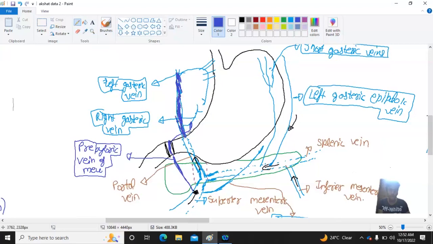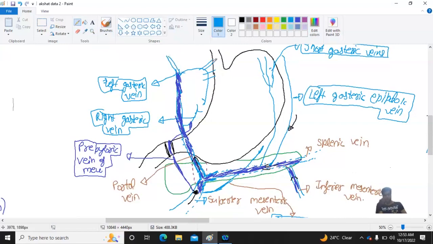This whole splenic circulation is important, and this portal vein circulation and draining direction, all parts. And then this portal vein drains into the liver, similar to the right and left portal vein.